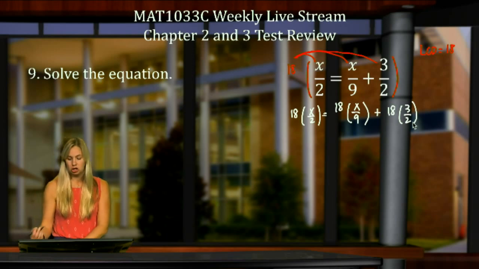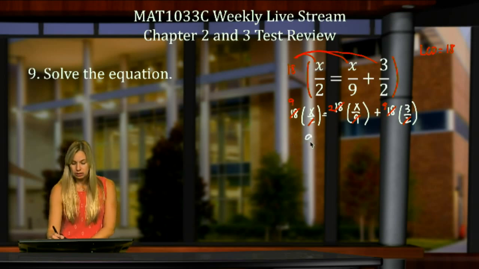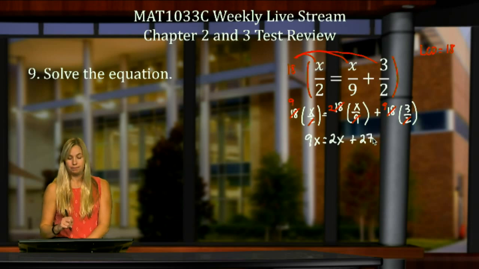Simplifying each of these terms, 18 over 2 is 9, 18 over 9 is 2, and 18 over 2 again is 9. So simplifying, 9x equals 2x plus 9 times 3 is 27.